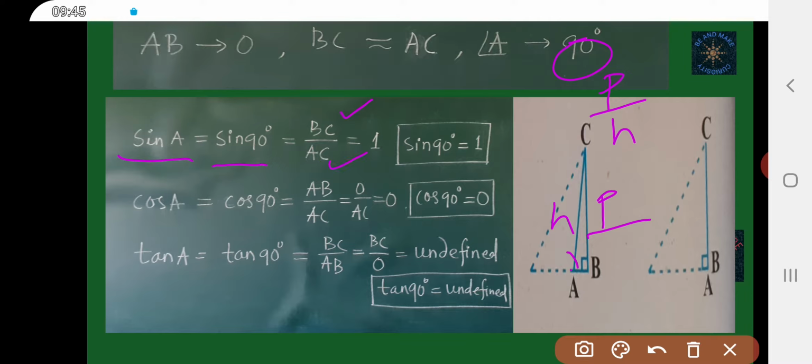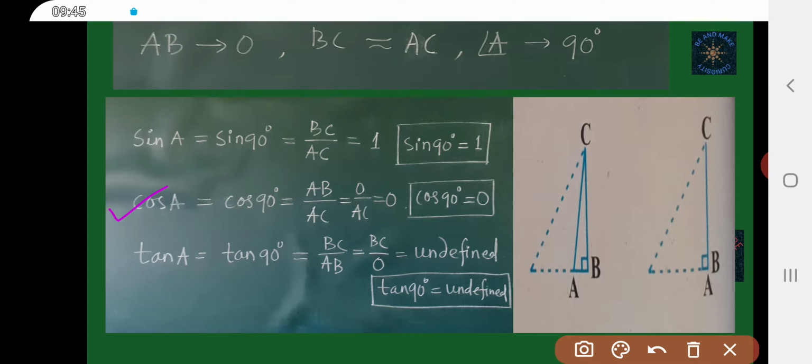Here BC is nearly equal to AC, so you can cancel them. You will get 1. So sin 90 degree is equal to 1.